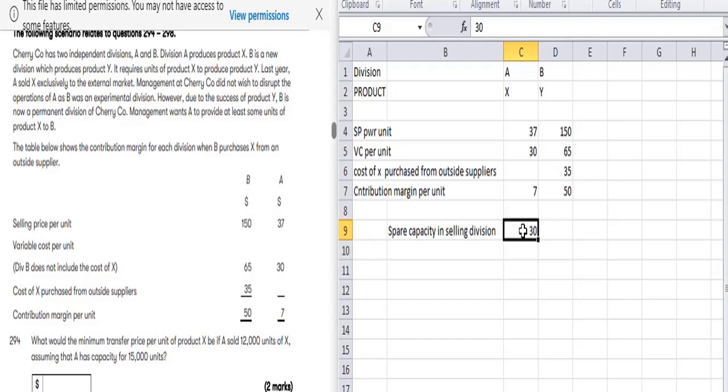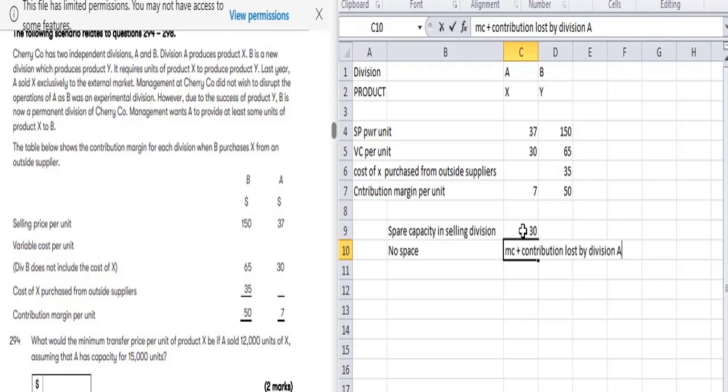Now in case of no spare capacity, meaning full capacity has been utilized, what will be the transfer price in that scenario? In that case, the transfer price will be the marginal cost plus the contribution lost by division A. It means if division A did not sell this product to B, it would sell this product externally.